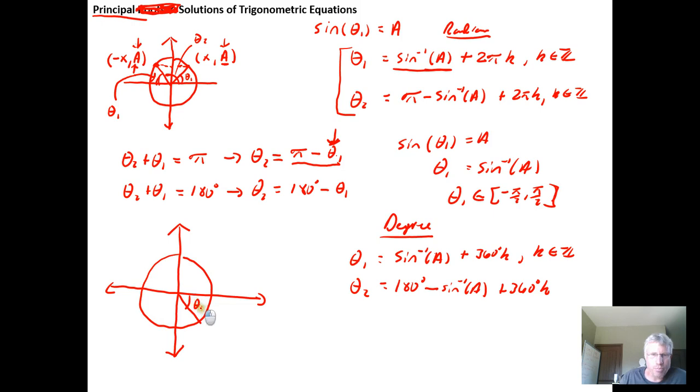So theta 1 could be an angle here, and you would have the x-coordinate and a on the unit circle. This sine of theta 1 is the y-coordinate on the unit circle.